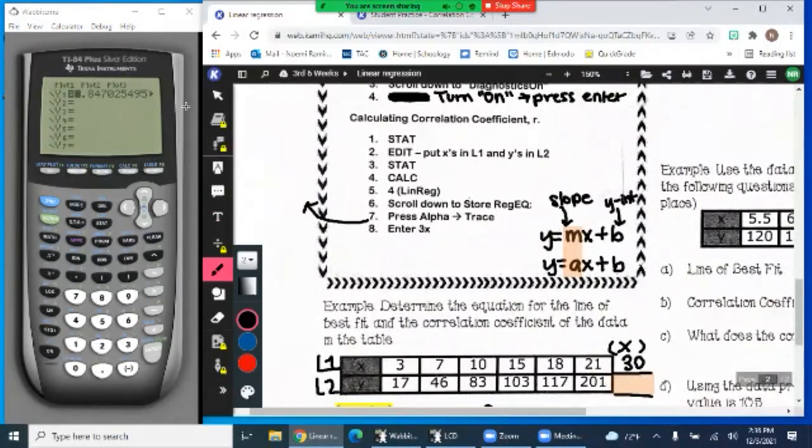Pressing alpha trace puts the equation into y equals for you. That's the note I'm going to write. Pressing alpha trace puts the equation in y equals. If you get to y equals and there's nothing there, you forgot alpha trace.